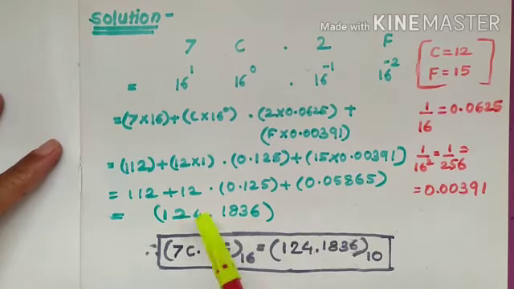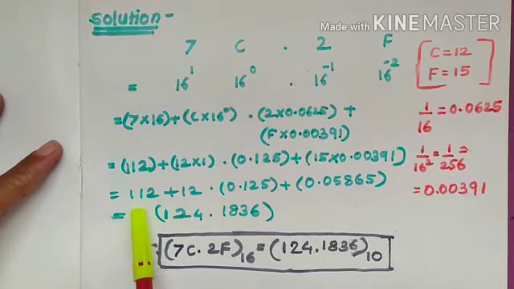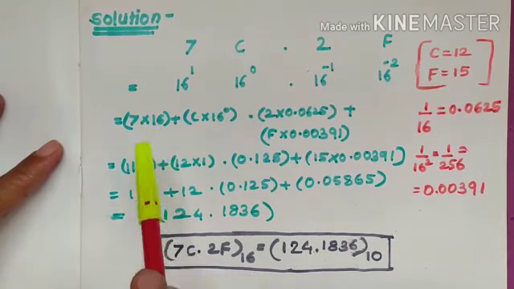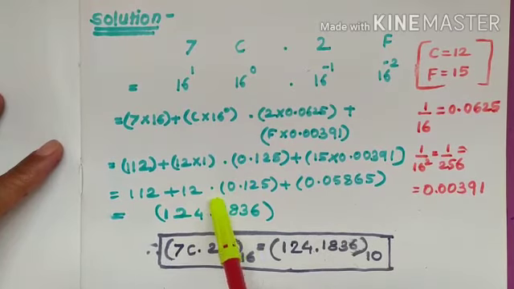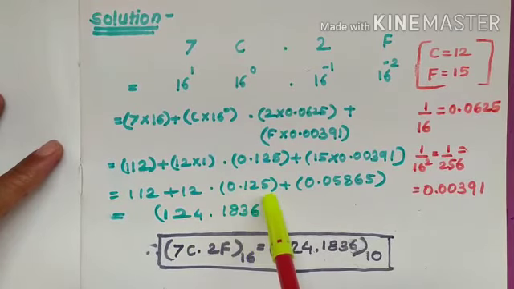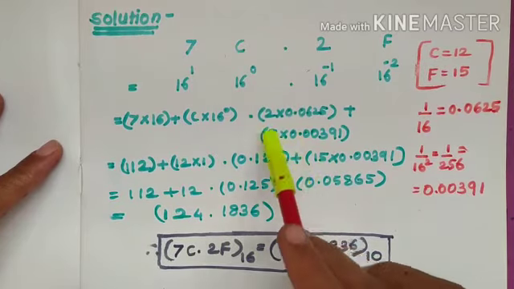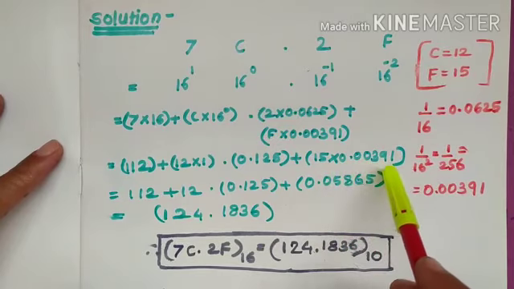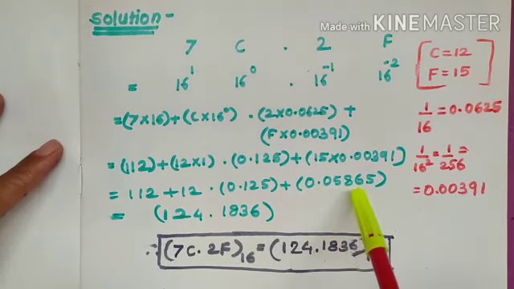So we'll get the products in this way: for the first MSB in the integer part, 7 multiplied by 16 is equal to 112, plus 12. 2 multiplied by 0.0625 is 0.125, plus the product for F, that is 15 multiplied by 0.00391, which is equal to 0.05865.